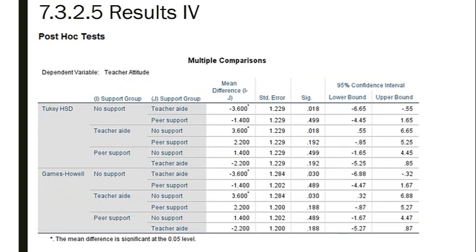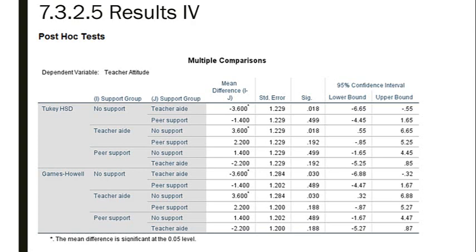So we can look at the first table in post hoc tests, the multiple comparisons table, and we're in the same situation, right? We selected two different types of tests, one that we would use if homogeneity of variance was valid, if we had equal variances, which is the case, and another that we would look at if homogeneity of variance had been violated, which was not the case. Right?